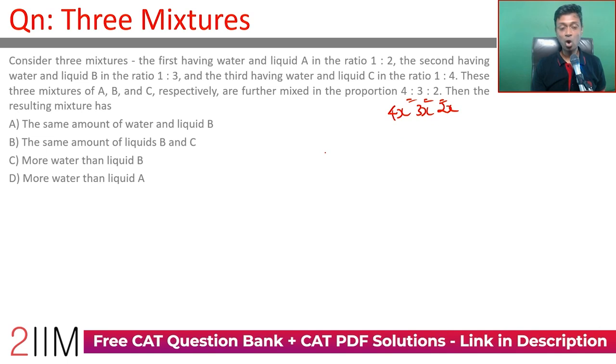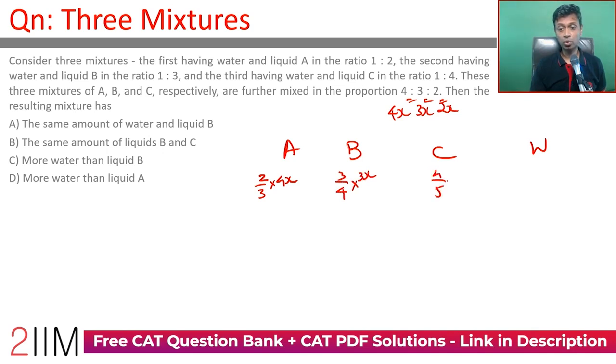And so how much of A, B, C and water will be there? When liquid A is 1 is to 2, water is to liquid, so 2/3 is liquid A and 1/3 is water. So 2/3 of 4x would be A. Liquid B would be 3/4 of 3x.